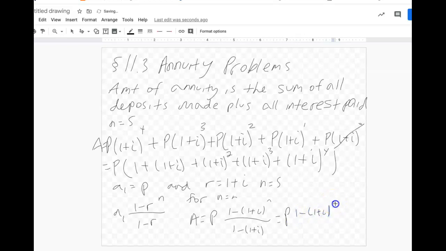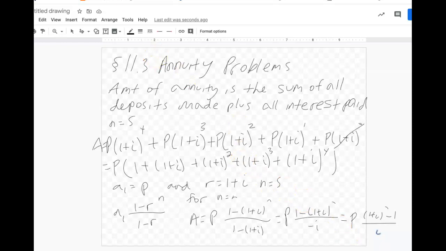We can then rewrite this so that it's P times ((1 plus i) to the n minus 1) over i. And so that's how we get that formula that's in the notes on Canvas.